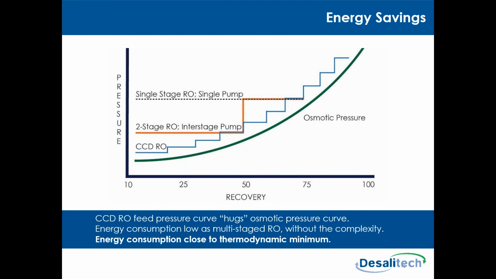So you see the blue line there, and what it's doing is essentially hugging the osmotic pressure curve. So the pressure increases a little bit as the recovery increases through this cycle, and then it returns back to the feed composition again at the end of the cycle for a new cycle. So this is the way to reduce energy consumption. The energy savings is the area between those curves shown there.